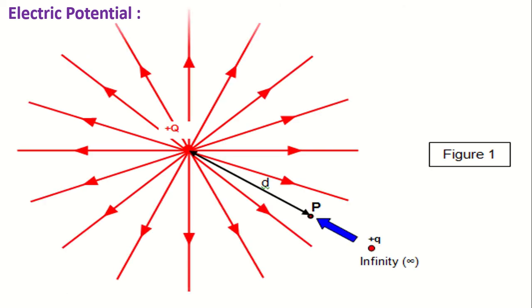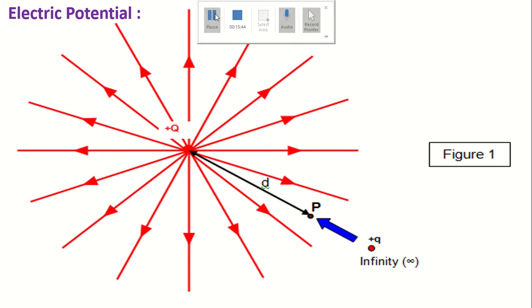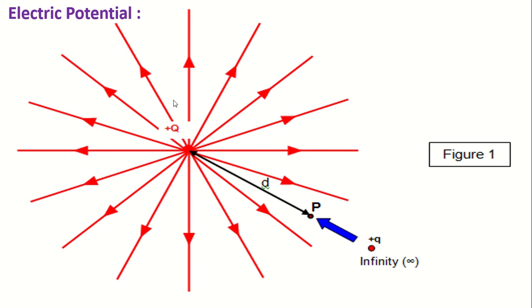Now, I will explain electric potential. As there is intensity of an electric field, it also has electric potential. So look here, a positive charge is placed, then electric lines of force are emerging out from the positive charge. So an electric field is created around this positive charge.